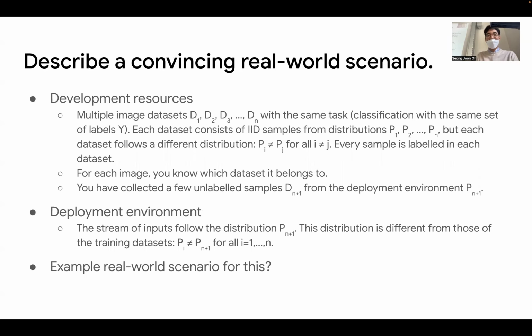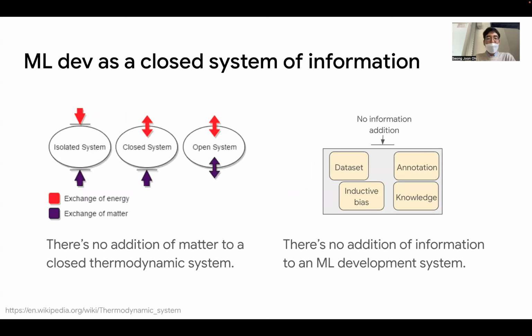Now, I think this is also a very important topic. Think of machine learning development as a closed system. I like to make an analogy with a thermodynamic system, which is supposed to keep your energy or matter in the system not decreasing or increasing.